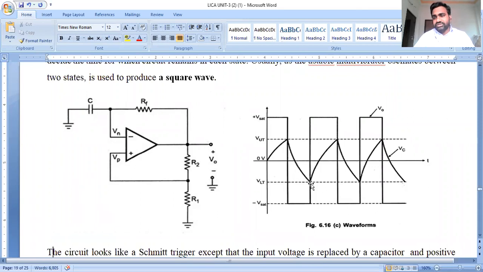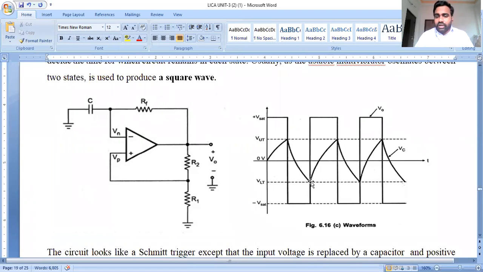If it discharges slightly beyond the lower threshold value, the minus V saturation swings to positive saturation.